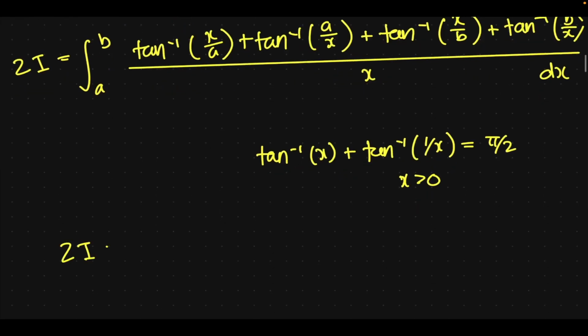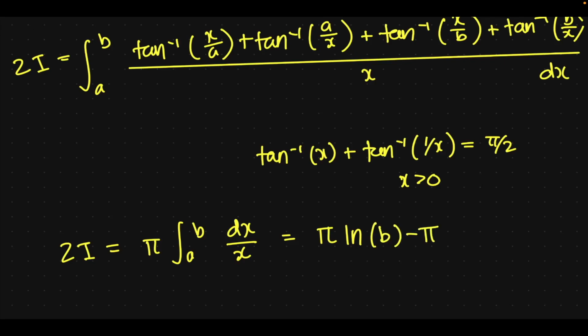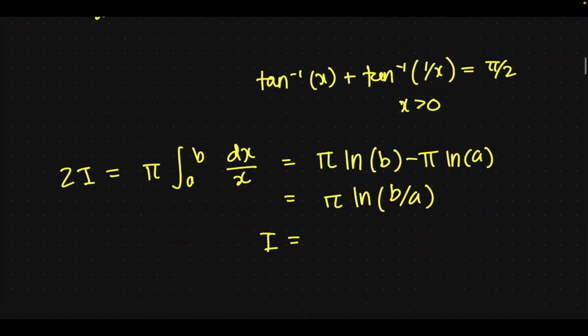So with that, we have 2I is pi over 2, and then we have two of them, so we have a pi, integral a to b dx over x, which is pi times ln b minus pi ln a, which is pi ln b over a, and then we divide by the 2.